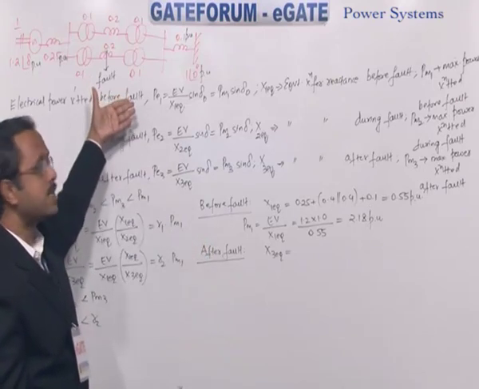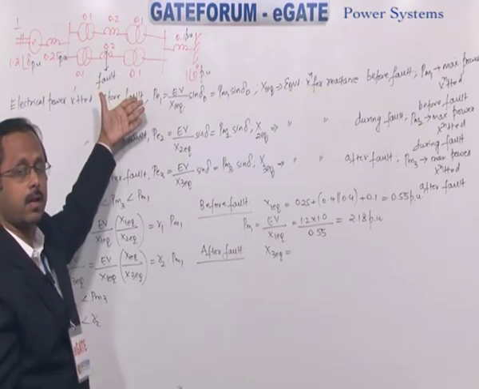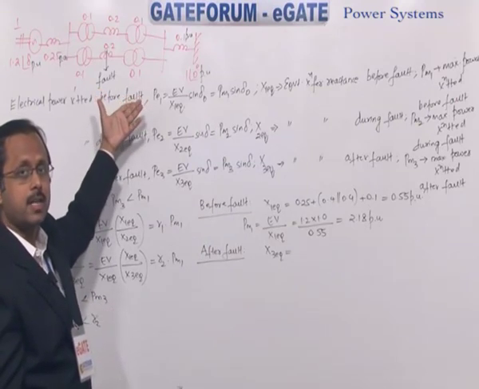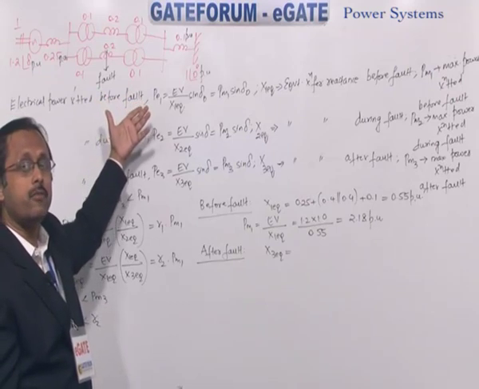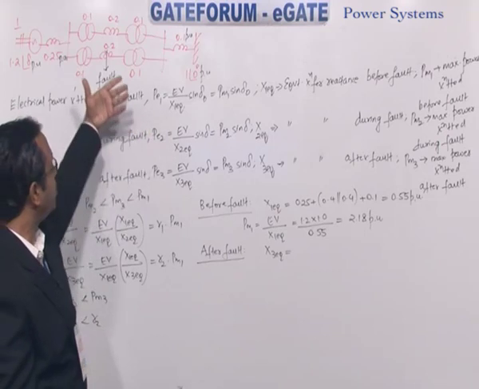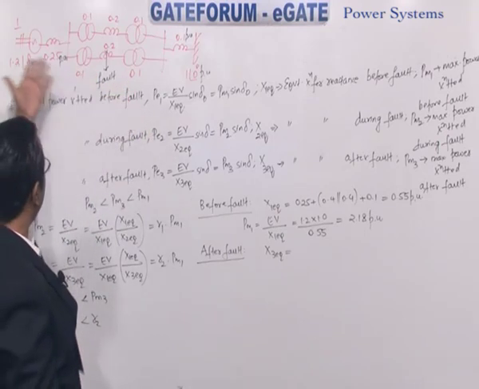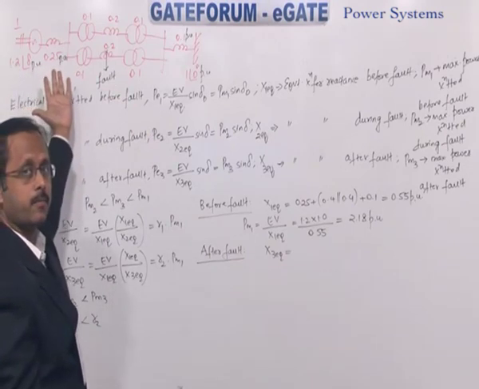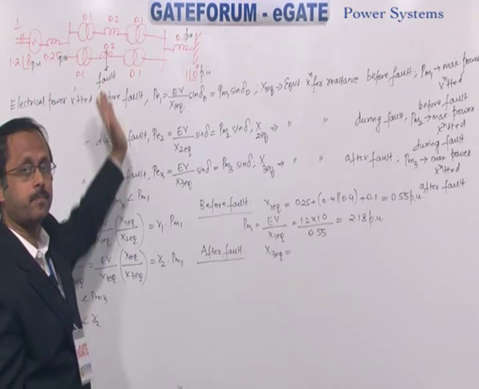Once the fault is cleared, you cannot immediately transmit the power. When you can transmit the power, not only must the fault be cleared, but this line must be synchronized with the synchronous generator. Then you can transmit power through this line.